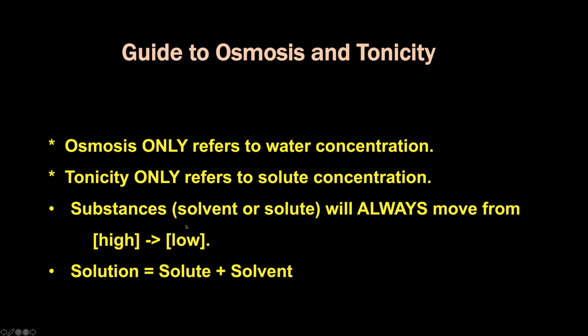So keep those things in mind, especially as I will assign a worksheet, or maybe I've already assigned it, which will have some problems in it. And to solve those problems, you'll have to keep this guide in mind, that osmosis refers to water, tonicity, hypertonic or hypotonic, refers to solute.